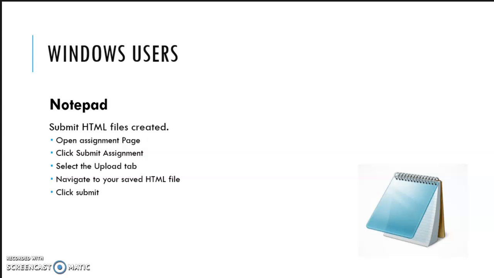You're going to open the assignment page, whichever assignment it is. You're going to click Submit Assignment. There's a gray button there. You're going to select the Upload tab. You're going to use a little file icon to navigate to your saved HTML file, and then you're going to click Submit. It attaches the HTML file, and it submits it. So let's take a look at what that looks like in the classroom.